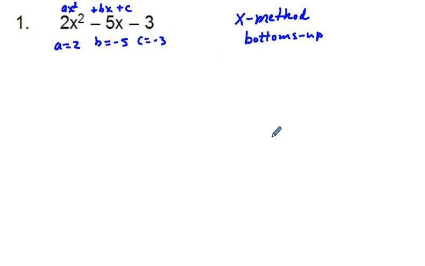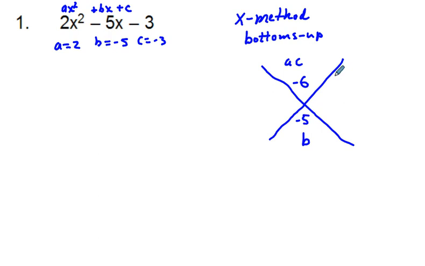And then we go ahead and make a big X. And at the top of the X, we put AC, which would be the product of the coefficients of A and C, which are going to be 2 times negative 3 or negative 6. At the bottom, we place the B value, which is negative 5.